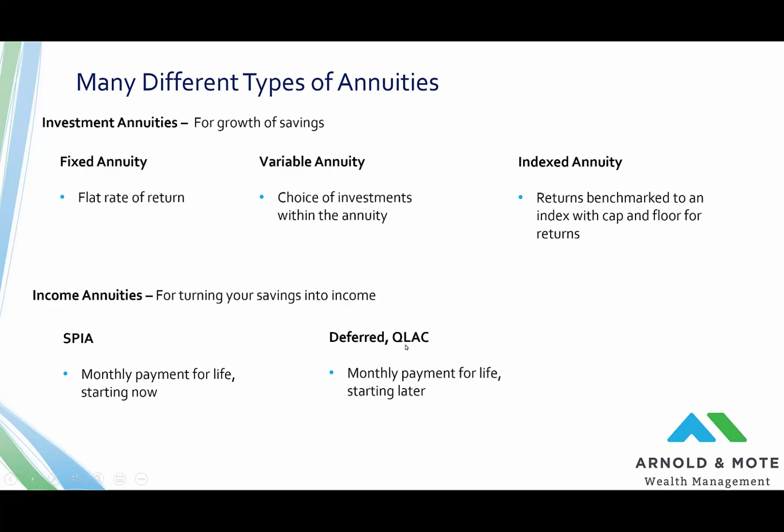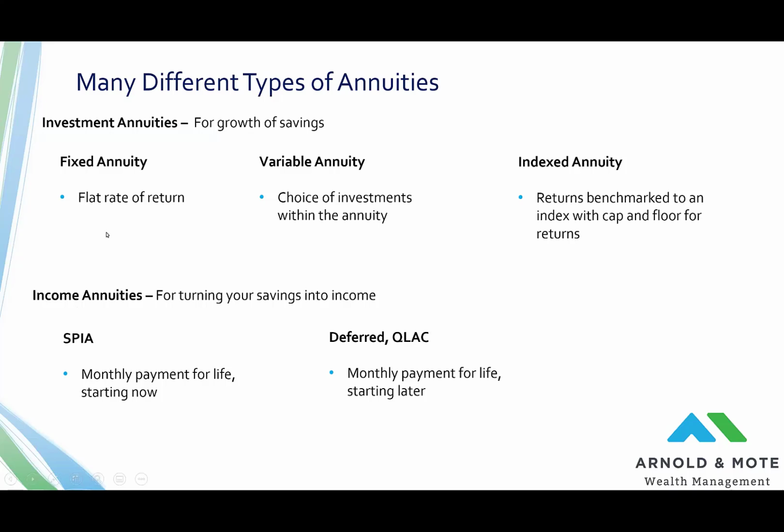One is the qualified longevity annuity contract, or QLACs. And for those of you that are regular attendees of our webinar, a few months ago we did a webinar on the two types of annuities that we would recommend, and that was about SPIAs and QLACs. And so these income annuities are one type of annuity in my head.